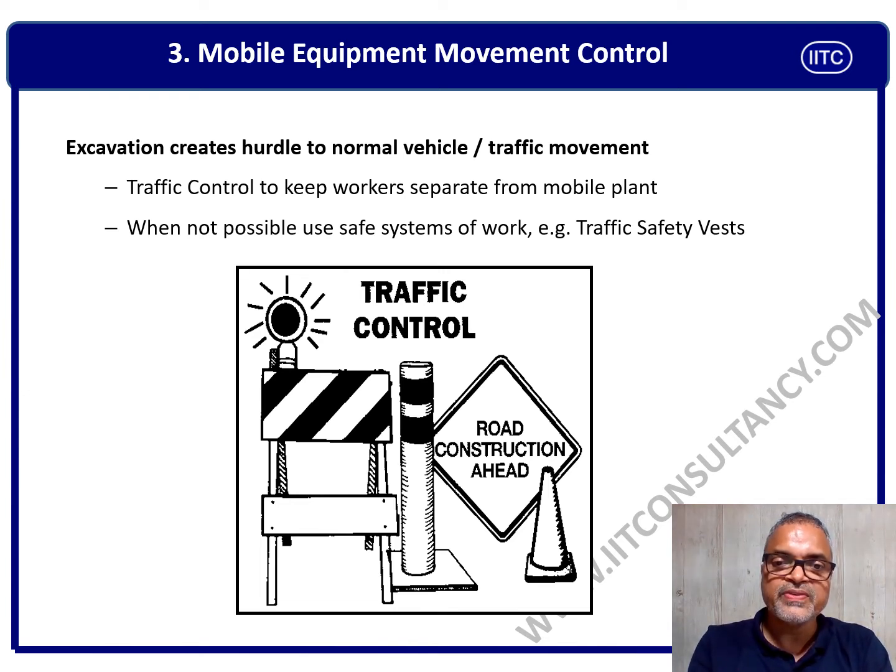And at night, a reflective jacket, reflective vest has to be used so that the truck driver, crane driver can identify that there are people working nearby, so that they can control the vehicle speed, vehicle direction, and all these things.